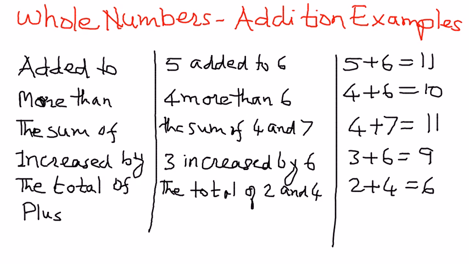And then the last phrase we have is plus. Let's take an example. 3 plus 5 is also the same as addition. So 3 plus 5 is equal to 8. So these are some of the common phrases which we use for addition.